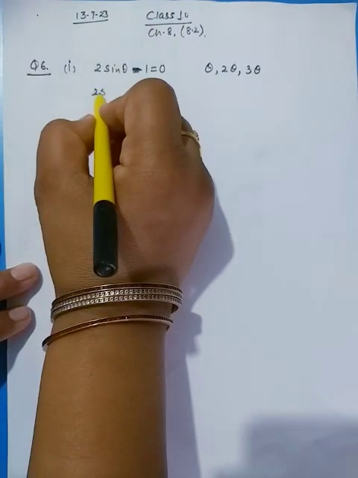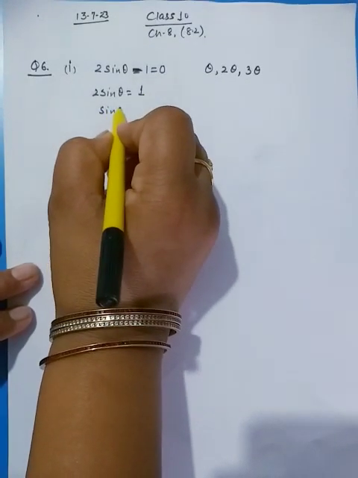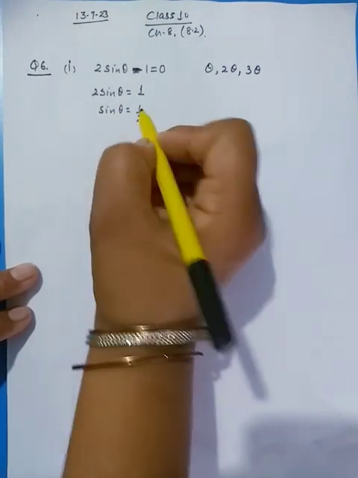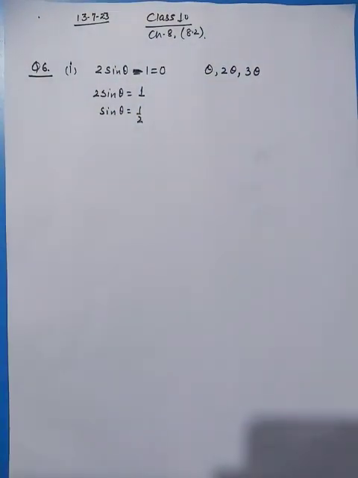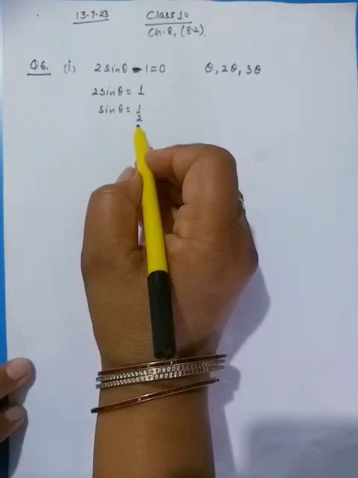So you can write it as 2 sin theta is equal to 1, or sin theta is equal to 1 by 2. Yesterday we have done some trigonometric ratios for specific angles, and from that table we know that sin 30 is 1 by 2.